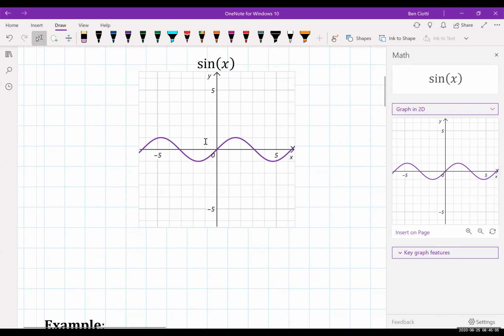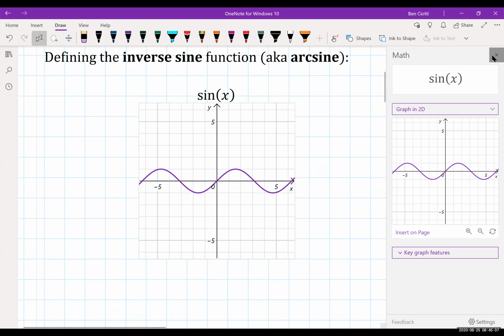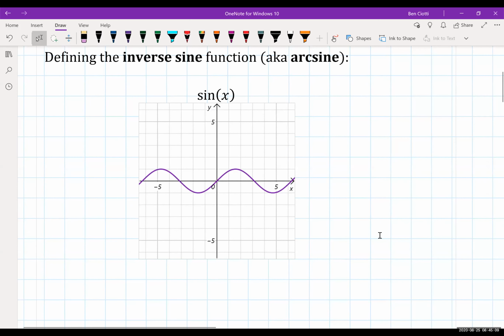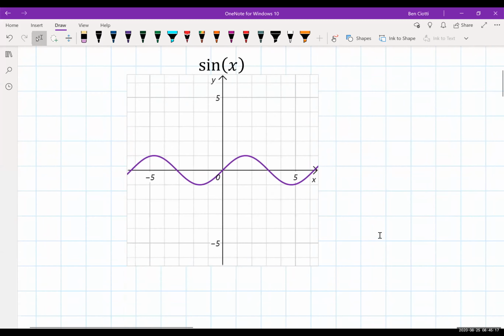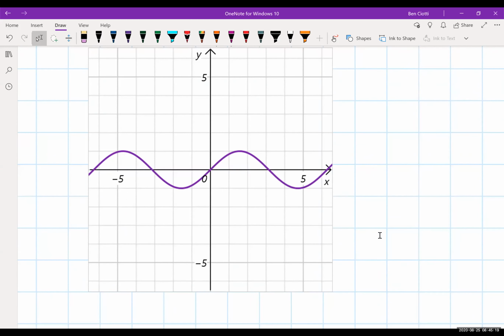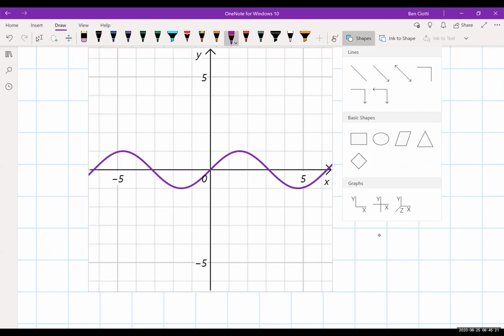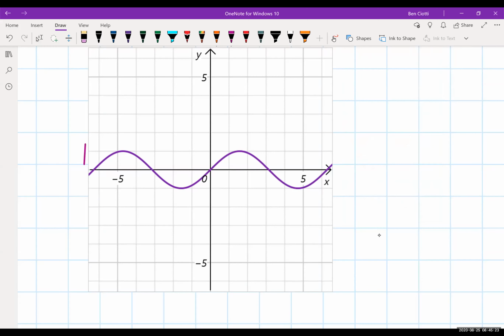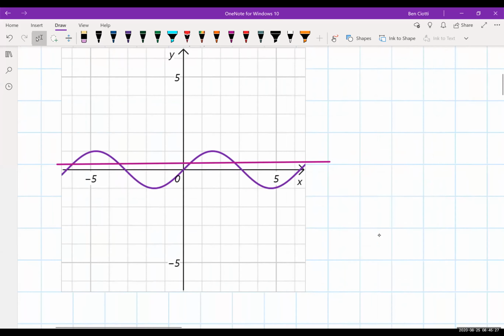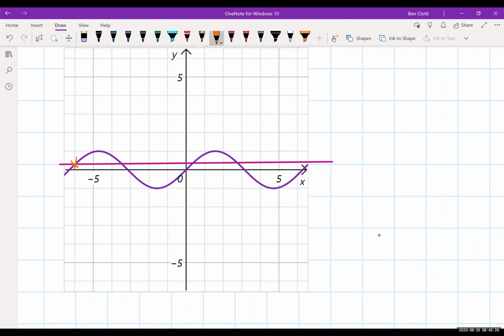Okay, so there's a graph of sine of x, and we can see right away that it is definitely not one-to-one. This would fail the horizontal line test badly. If I drew a horizontal line, it would have many points of intersection. So sine is not one-to-one.